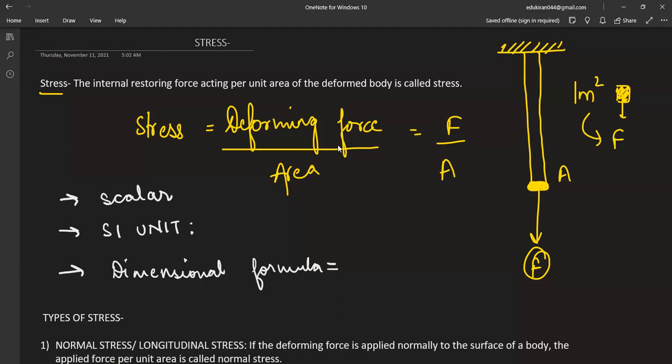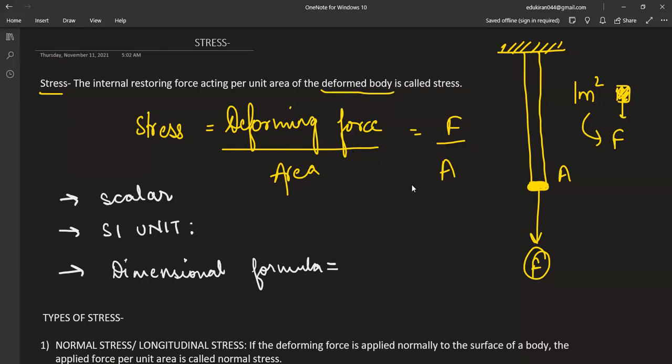The formal definition is the internal restoring force acting per unit area of the deformed body. Why deformed body? Because the deforming force is being applied. That's why we say of the deformed body.